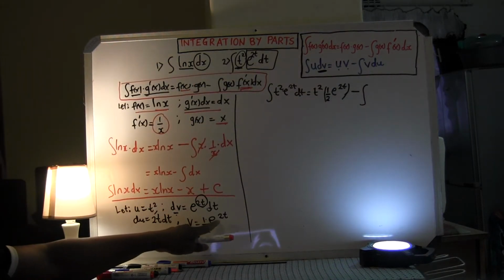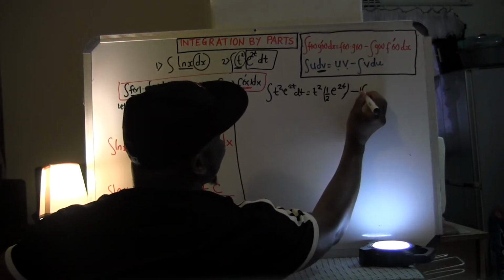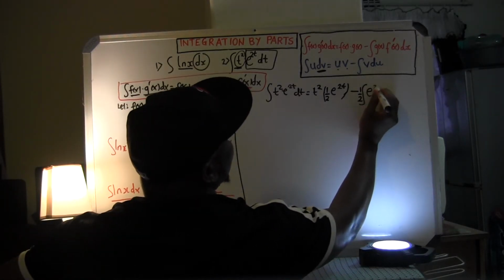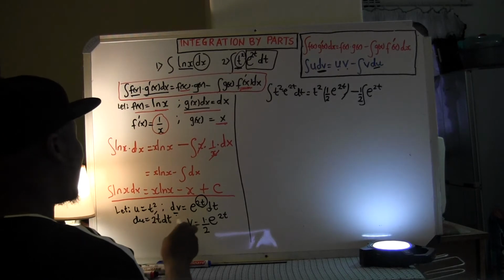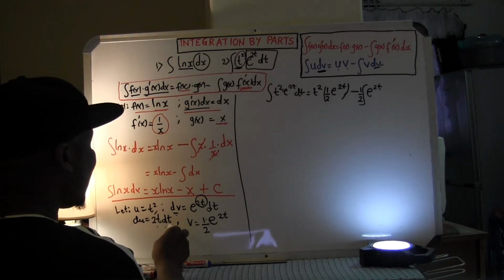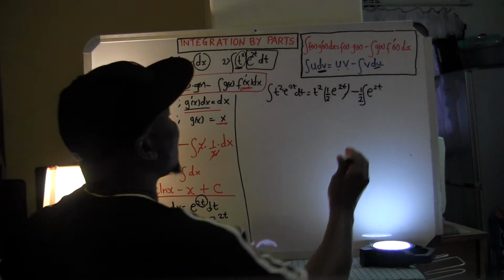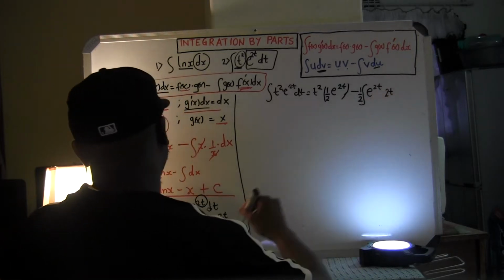V equal to a half e to 2t, minus integral of v du. V equal to a half e to 2t, so let me take a half outside. And then du. What is du? Our du equal to 2t dt.